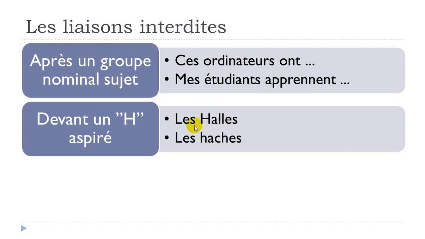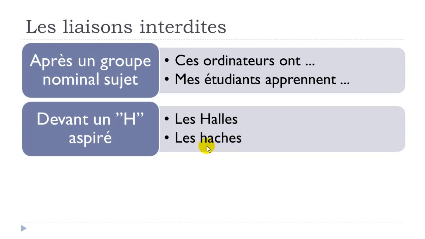Even if you've got this H, it belongs to this aspiré group of words containing this H, and it means that you won't have the possibility to make the liaison between your article and your word. So you shouldn't make the liaison: you shouldn't say les halles, but you should say les halles.